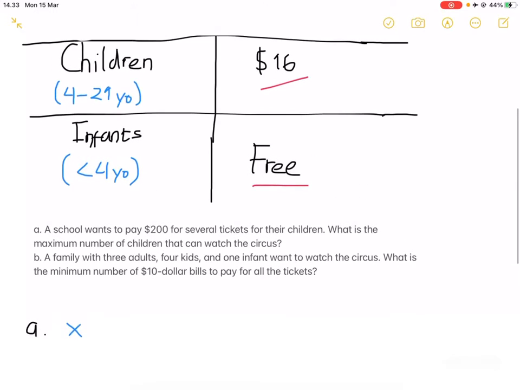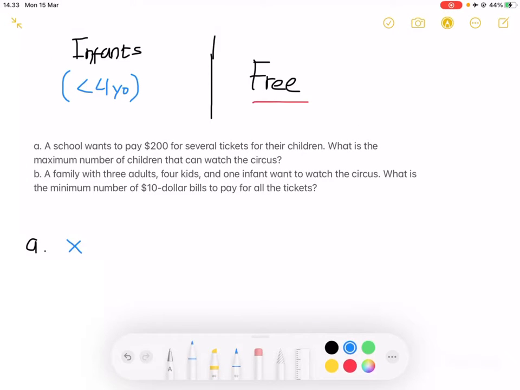So from here we can just form an inequality in terms of x regarding the price of the tickets and how much the school needs to pay for that, which will be $16 times x is less than or equal to $200.